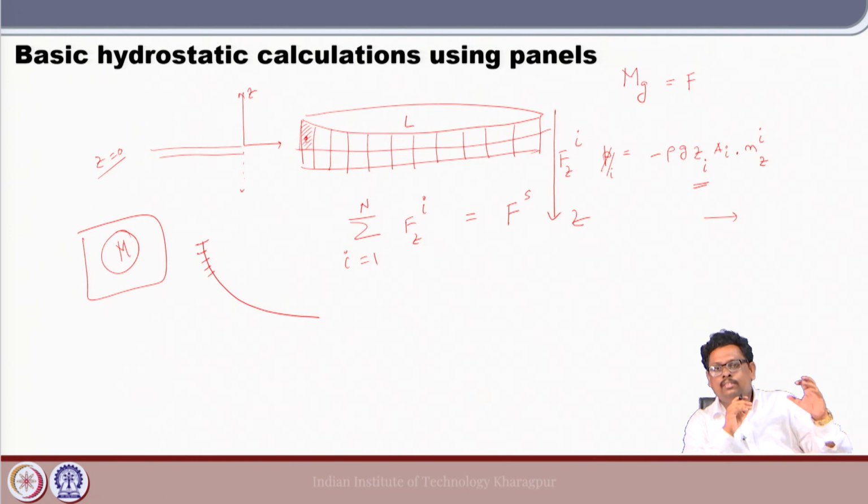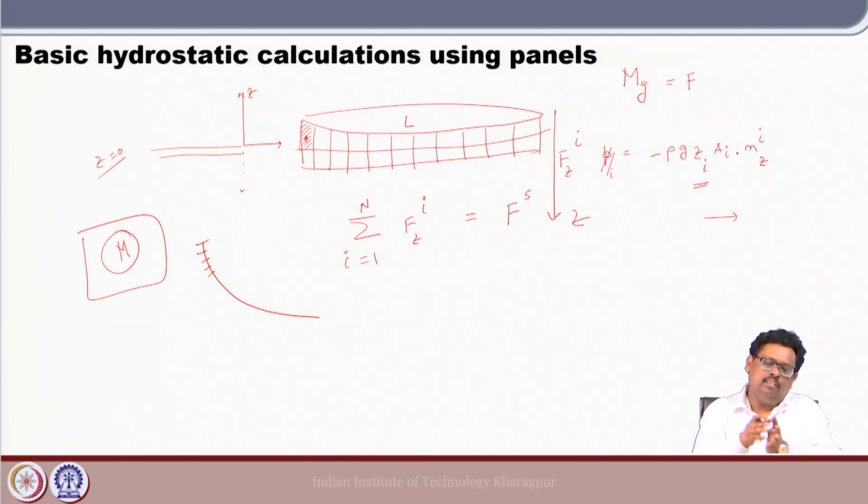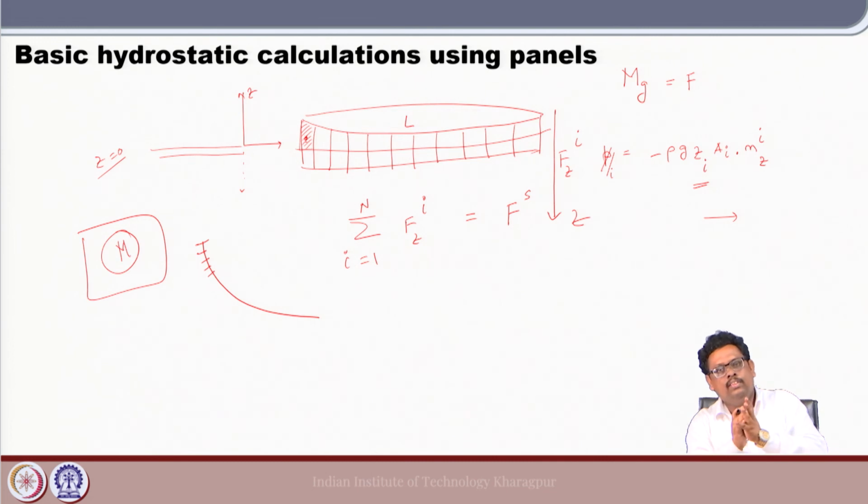Now, we have already discussed in the last class that we have a convolution term involved in the dynamic calculation. It means that at each moment, you need to calculate the force from t equal to 0 to that particular time.